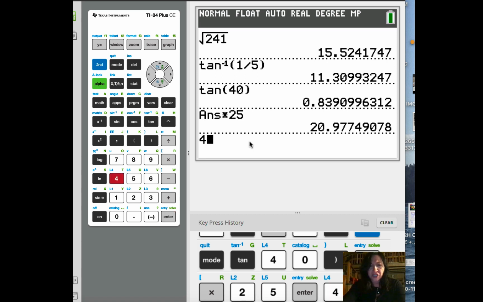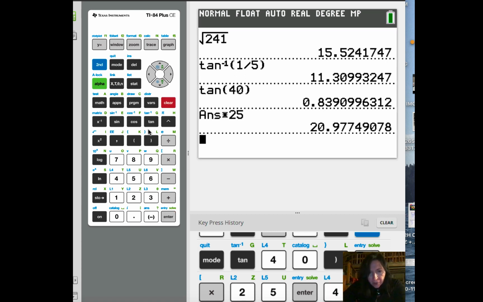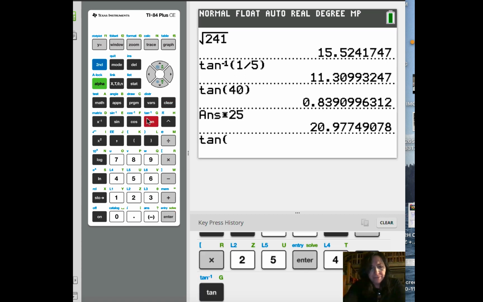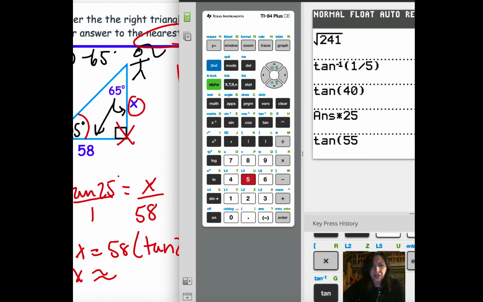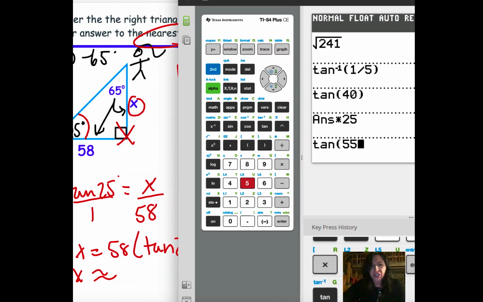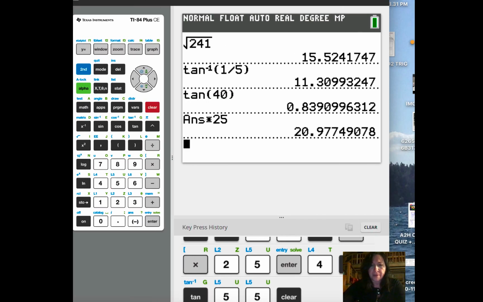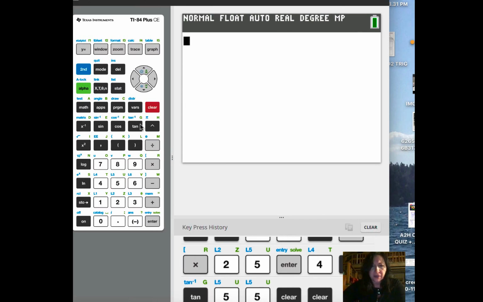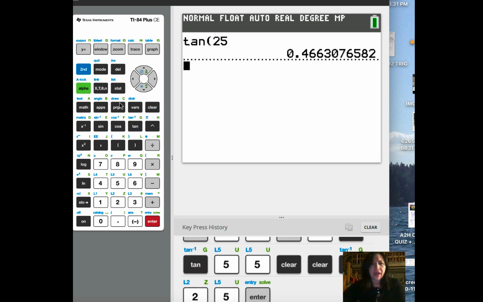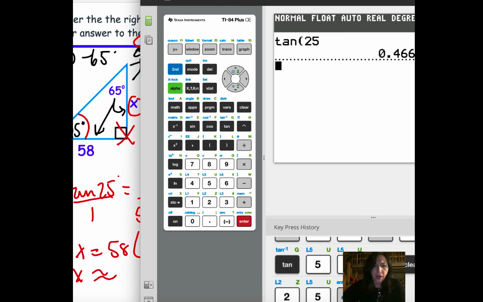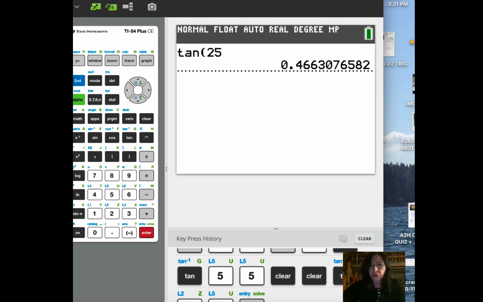I'm going to go tangent, oops, not that. Tangent of 25 times 58. Sorry about that. So we're going to go tangent of 25, and I'm going to get that number. And then from there, I'm going to multiply by 58.